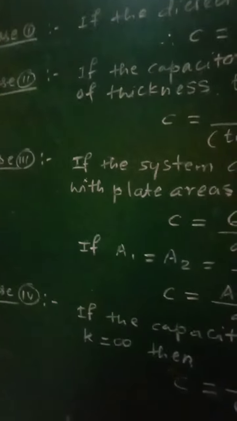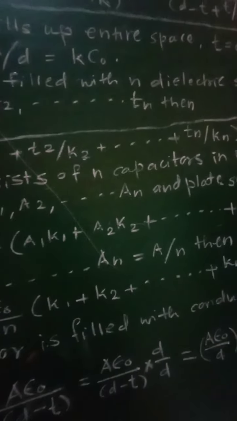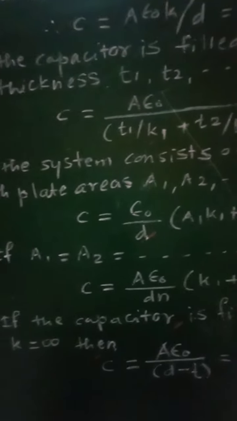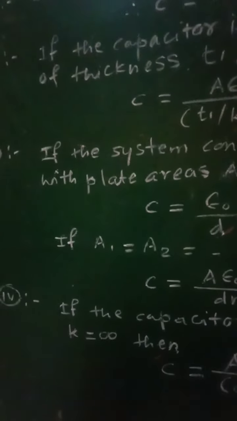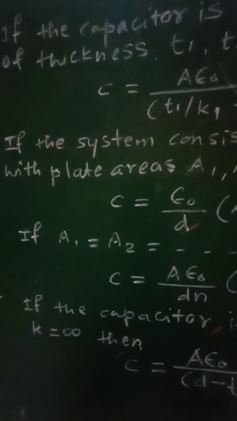Case 2: if the capacitor is filled with n dielectric slabs, and with this the space between the plates of the capacitor is filled, these slabs will have their thickness t1, t2, t3 up to tn.